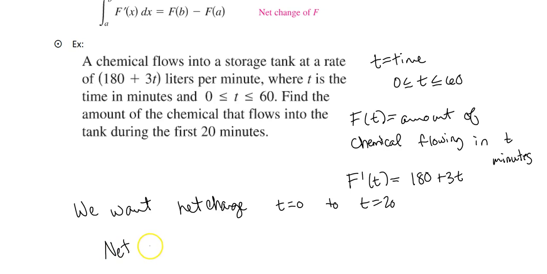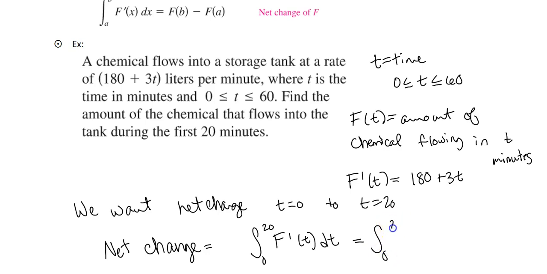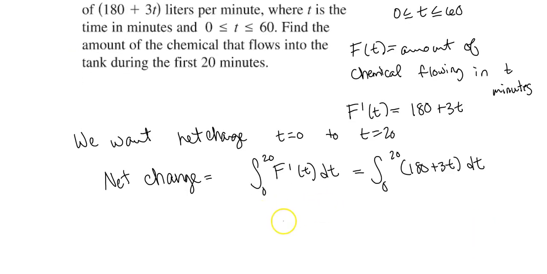So the net change here is going to be the integral from 0 to 20 of F prime of t dt, or the integral from 0 to 20 of 180 plus 3t dt. And this is a pretty easy thing to integrate.